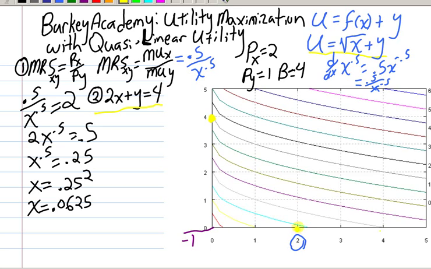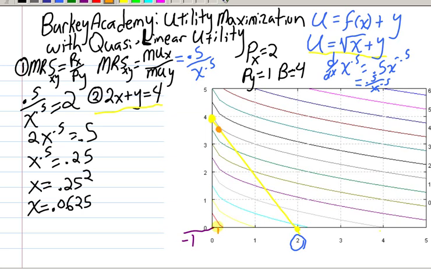And now if we connect those two dots and we look at our budget line, let's see where it looks like that might be having the same slope as an indifference curve. And sure enough, I would agree that it might have the same slope right there, and that is not going to be very much x at all.